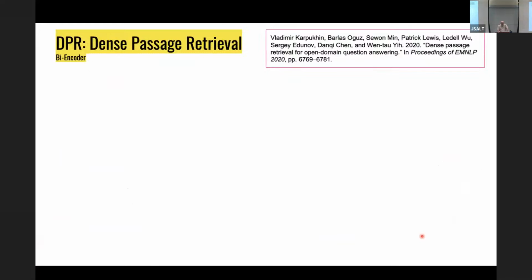Okay, so let's look at a couple of particular bioencoders. DPR, dense passage retrieval, is a bioencoder that uses one vector per document and one vector per query.